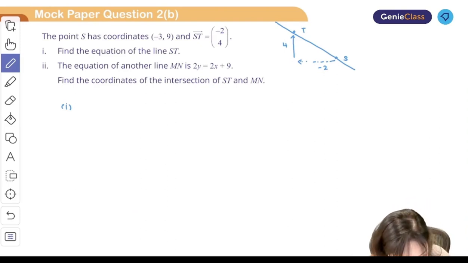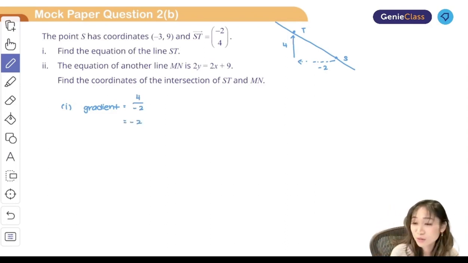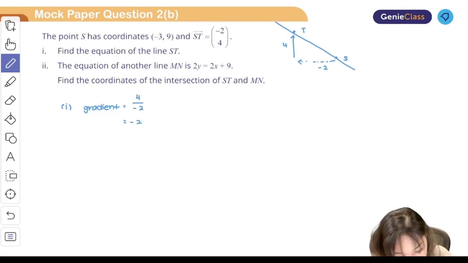Okay, so to find the gradient, you can actually just use your column vector (negative 2, 4), where you put the y value on top. Okay, so 4 over negative 2, and you will get the gradient negative 2. Can? Then to find the equation, we have the equation ST should be y equals negative 2x plus c, right?